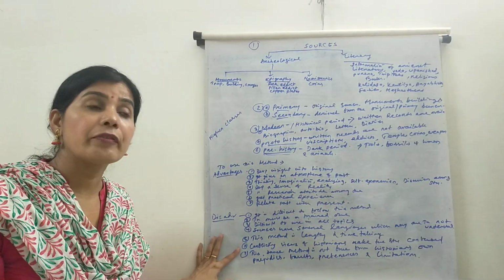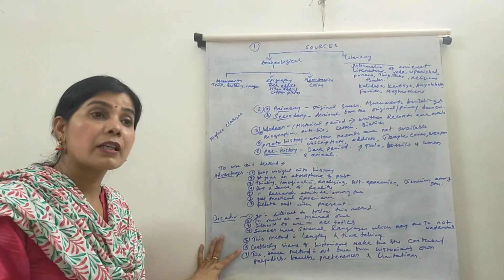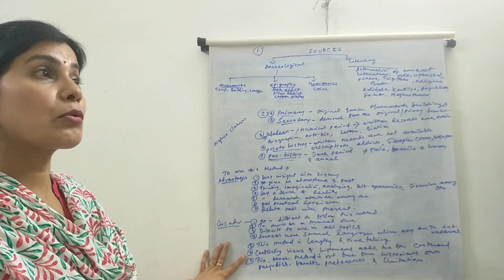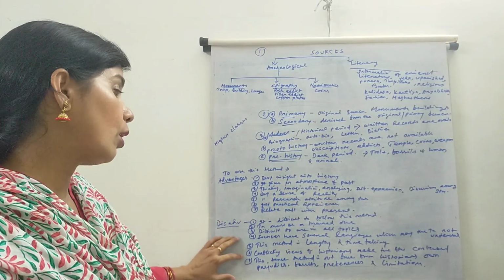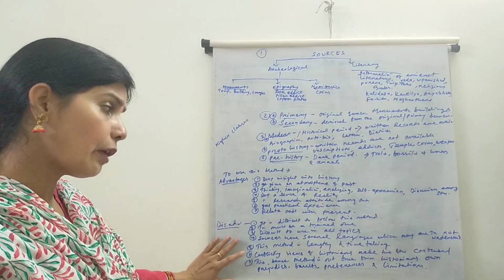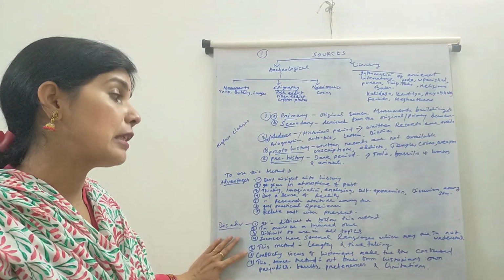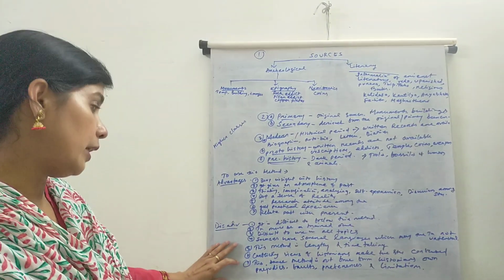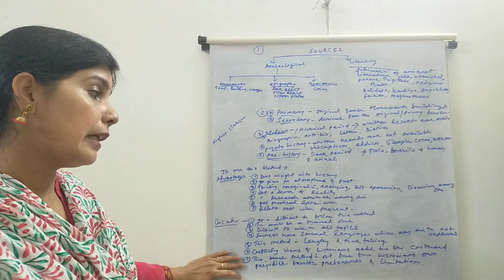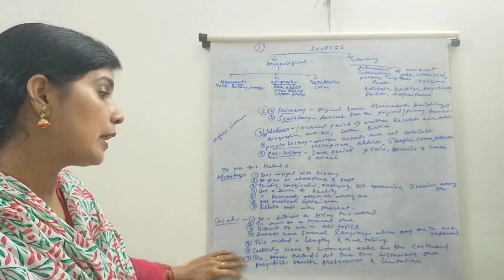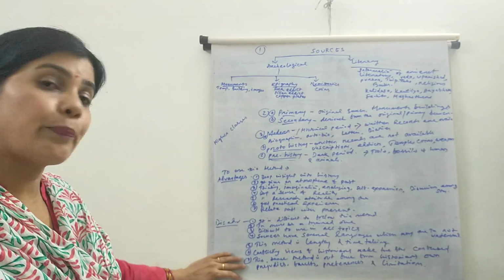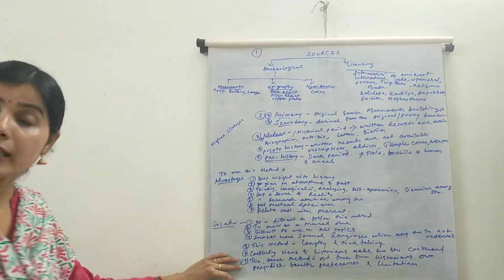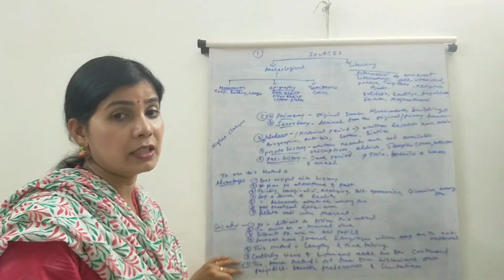Next, conflicting views of historians make the students confused. We know that different historians hold different views on a particular topic. So whenever a student is following the source method and studying the views of historians, he or she may become confused. Then this source method is not free from historians' own prejudice, faults, preferences and limitations.